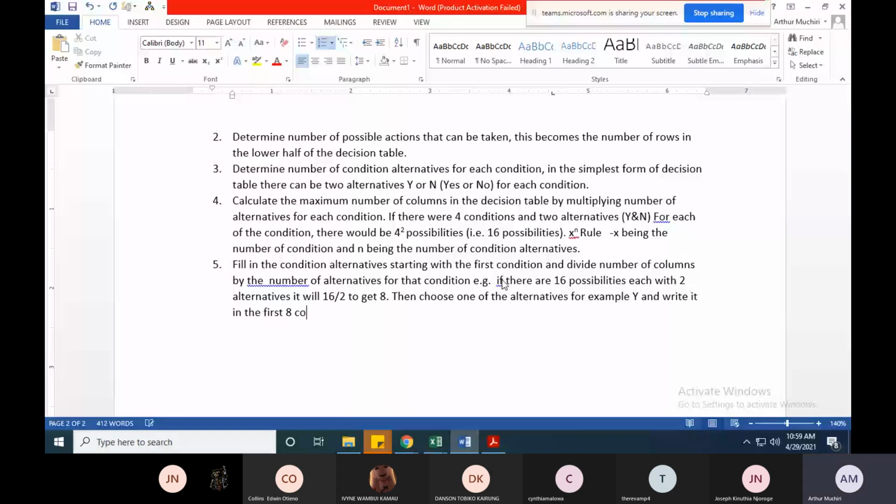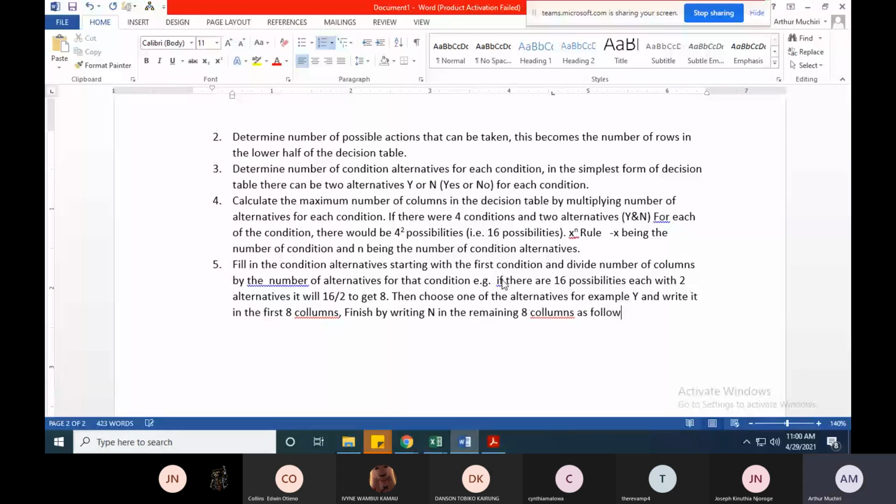This is very clear now. Then after that, finish by writing N, capital N, that is no, in the remaining 8 columns, as follows.